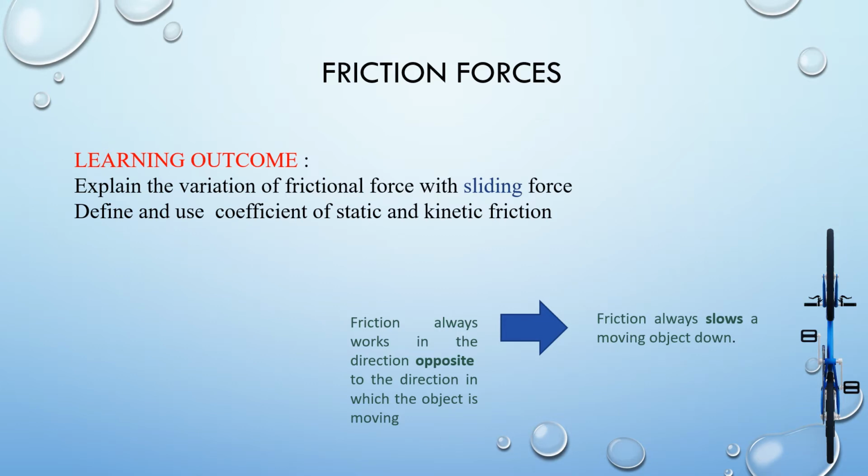For example, when you try to push a book along the floor, friction makes this difficult. The amount of friction depends on the material from which the two surfaces are made. The rougher the surface, the more friction is produced. Friction always works in the direction opposite to the direction in which the object is moving, and friction always slows a moving object down.